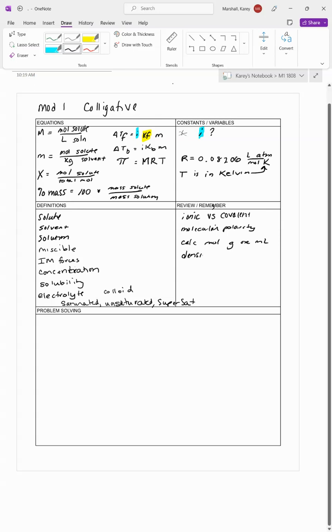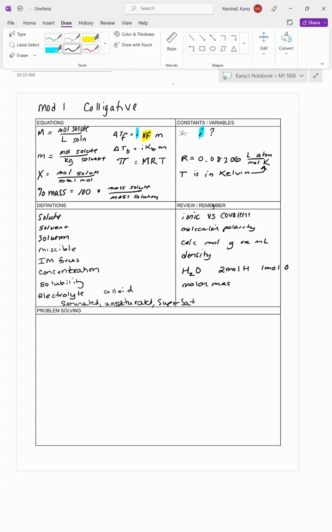Do you know how to use density in order to convert volume to mass, mass to volume? And also chemical formula stoichiometry. Now, specifically, when I say chemical formula stoichiometry, what I mean is, can you look at H2O and tell me that for every 2 moles of H, you have 1 mole of oxygen? Can you calculate molar mass? Okay, molar mass you need to go to the periodic table for.